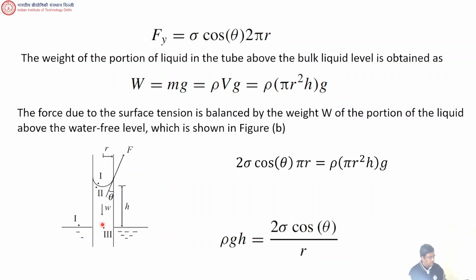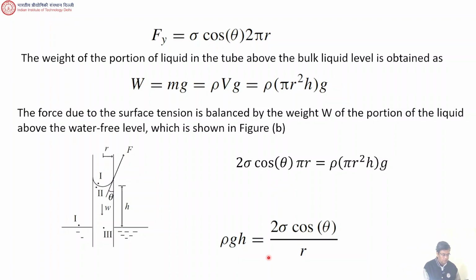So rho pi r squared h g is the weight of this portion of the liquid above the bulk liquid level. So above this level we have this much liquid which has this weight, right? This weight is balanced by this force, which arises because of surface tension, correct?